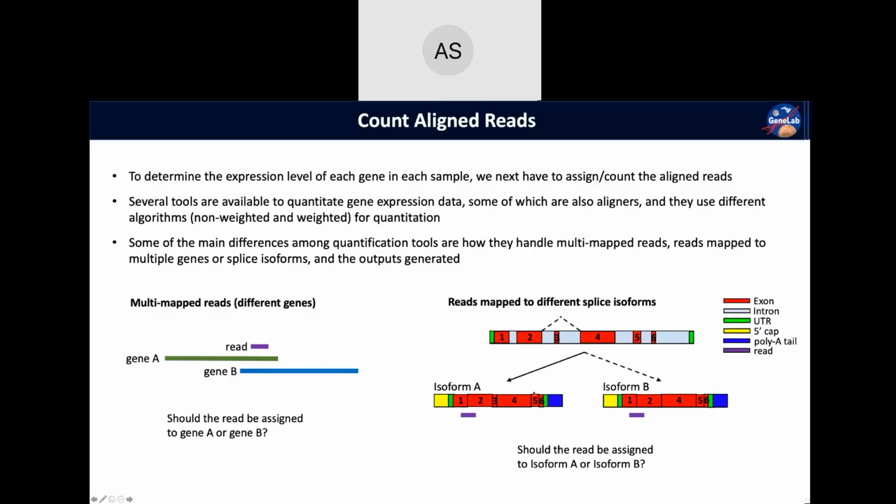Here we have isoform A, which contains all 6 exons of this gene, and isoform B contains 5 of the 6 exons, so it's missing exon 3. If we have a read, again in purple, aligning to the junction between exons 1 and 2, well, exons 1 and 2 are in isoform A, and they are also in isoform B. So again, did this purple read come from isoform A, or did it come from isoform B?